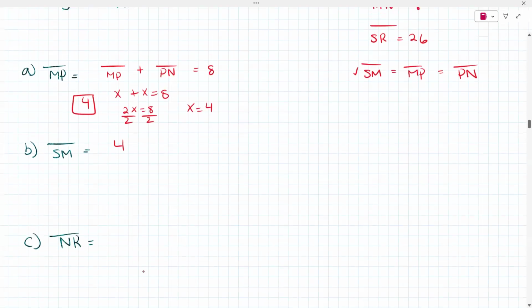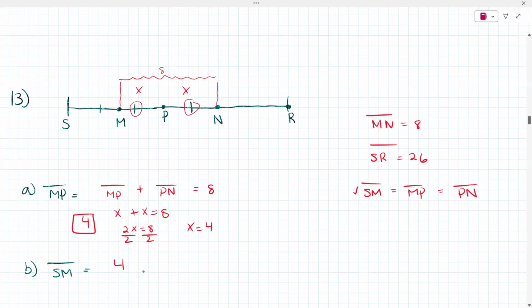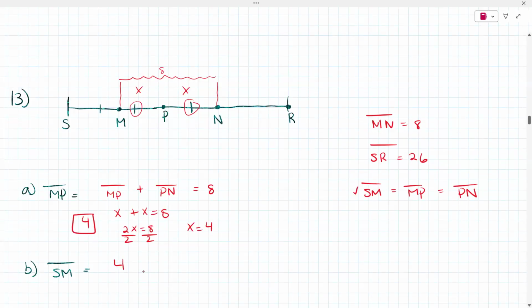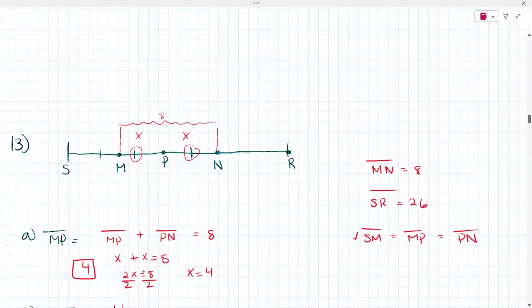What's the distance from NR? So NR, I'm not sure. Well, we know the distances SM, MP, PN, but we don't know NR. And what else do we know? That the total distance of SR is 26.